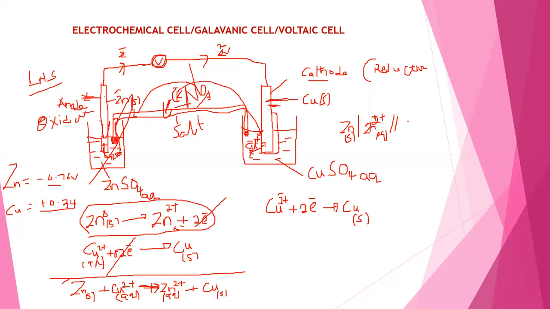Then at the cathode, there is reduction. So that is copper ion. Copper ion is reduced to copper metal, which is solid, and this is aqueous.